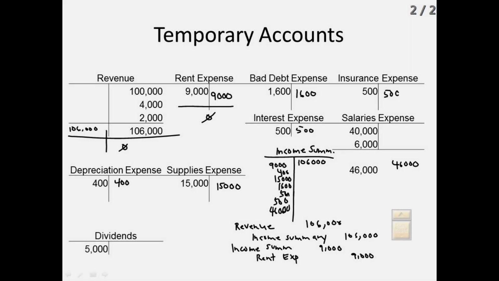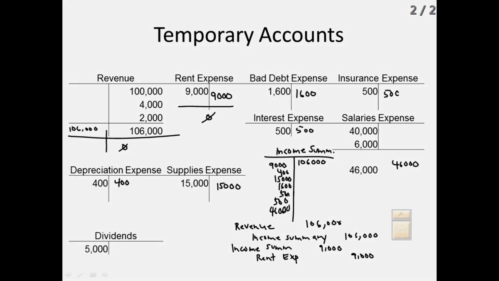Okay, now, why did I not do anything with dividends? What am I waiting for? Are dividends a component of income? No. Income is how much did the company earn this year?